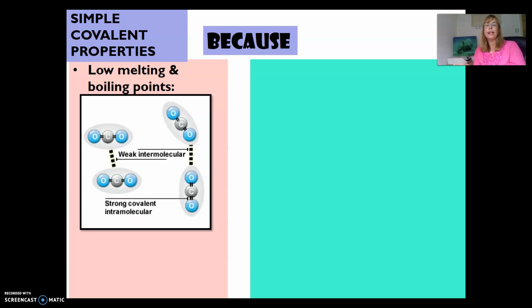Now the reason for this is because although there is a strong covalent bond between the carbon and the oxygen in carbon dioxide, the force between each individual carbon dioxide molecule is weak. So just like we have an inter-house competition, the intermolecular forces are very, very weak. And that's why it doesn't take a lot of energy to turn it from a solid to a liquid to a gas.